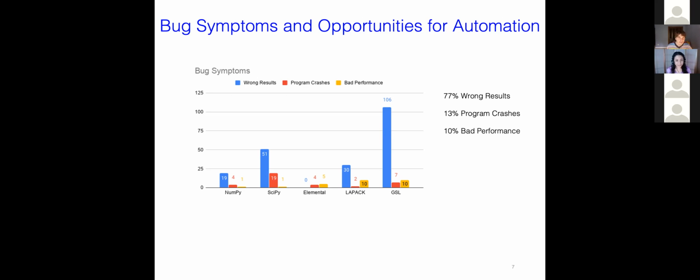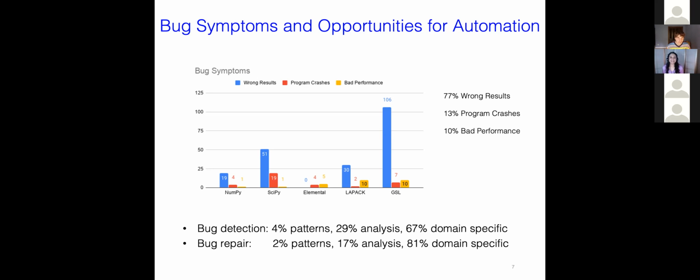So we also classified bugs based on how likely it was to automate the detection or fix. Here I refer to patterns as bugs that could potentially be detected or fixed by applying a common pattern on the code.